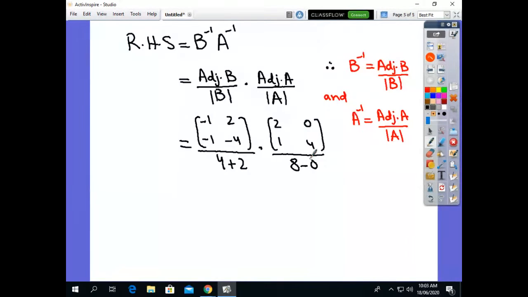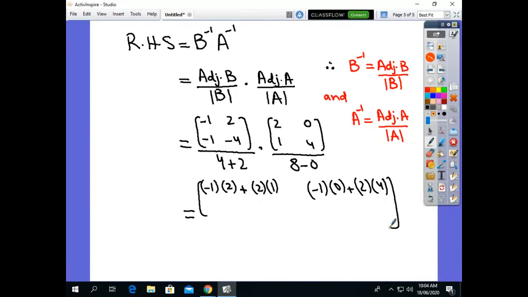Now simplify it. How do we simplify these matrices? The product: -1 is multiplied with +2, that is the first row with the first column, plus +2 is multiplied with 1. Similarly, -1 is multiplied with 0 and 2 is multiplied with 4, the first row with the second column.